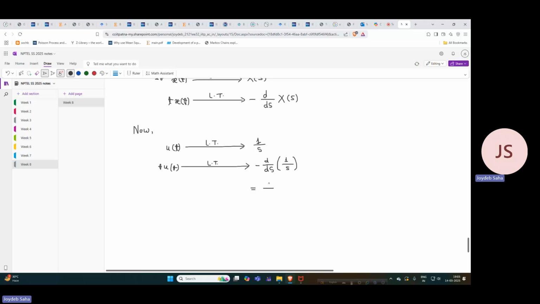It will be 1 upon s square. This is also for s greater than 0. Okay.